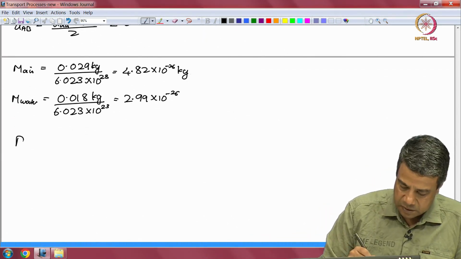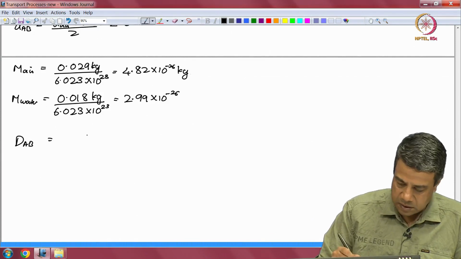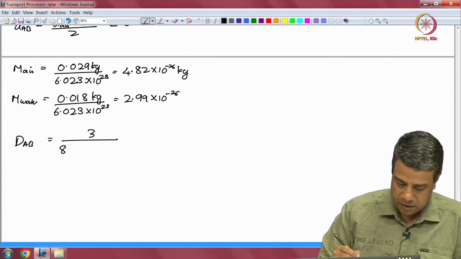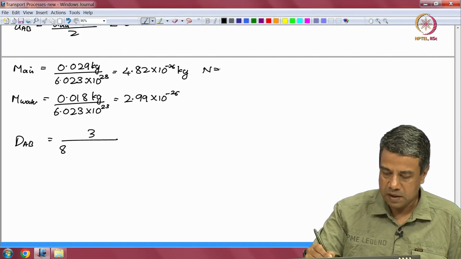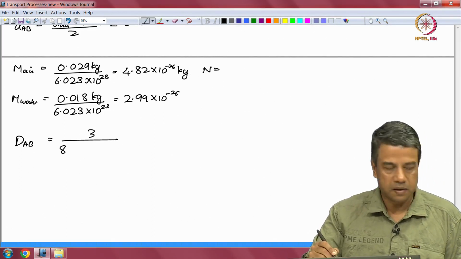So, the diffusion coefficient is 3 by 8. The number density was what we had earlier, at atmospheric pressure and 300 Kelvin.